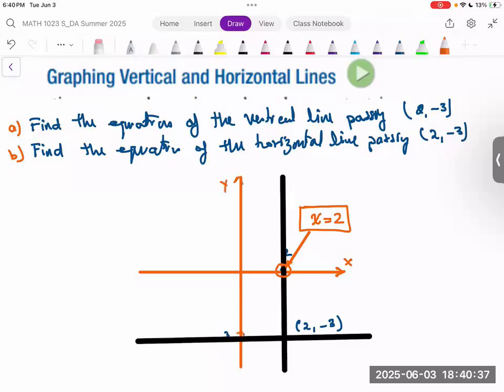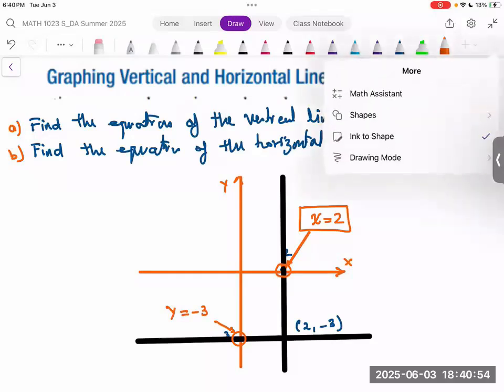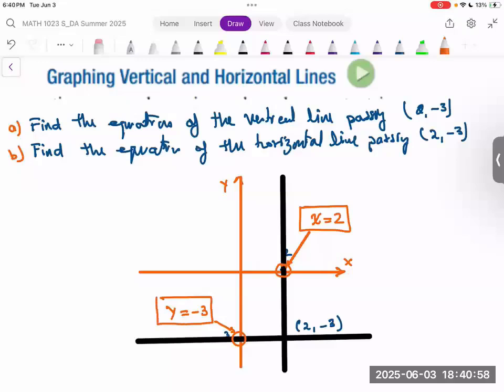And where? At this point. What's the label of that point? -3. Is it y equals -3? Very good, and that happens to be the equation of the horizontal line.